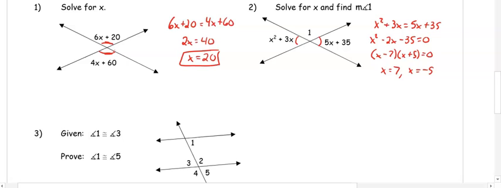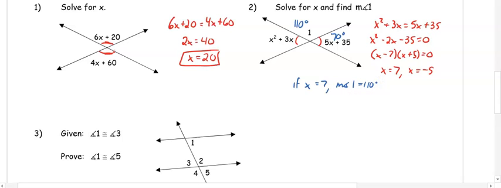So we need to then find angle 1. In order to find angle 1, we're first going to test if x equals 7. So if x equals 7, I'm going to plug that into one of my angles. So I can do 5 times 7 plus 35. I get 70 degrees. 70 and angle 1 are supplementary, so I can subtract from 180 to get that angle 1 is going to be 110 degrees.